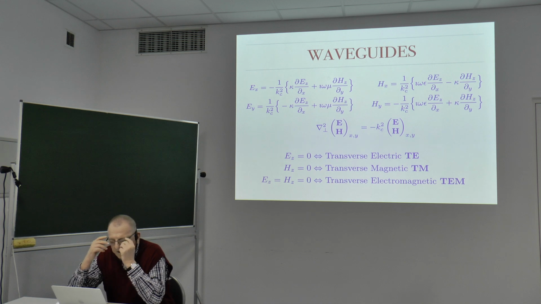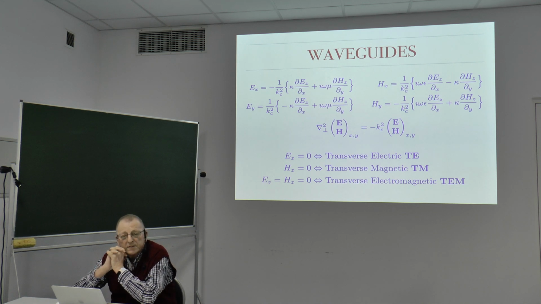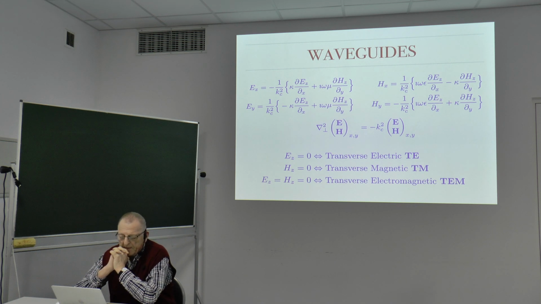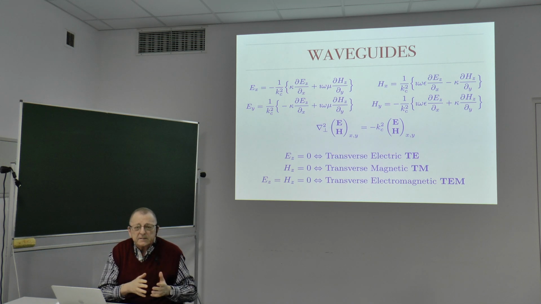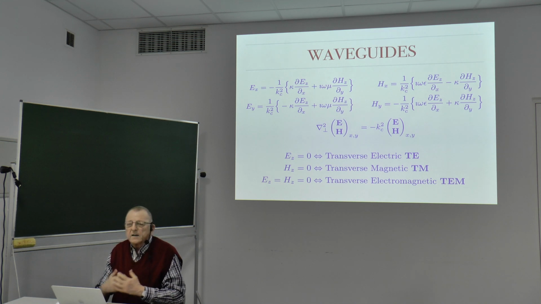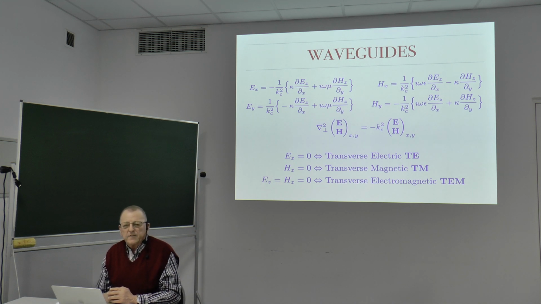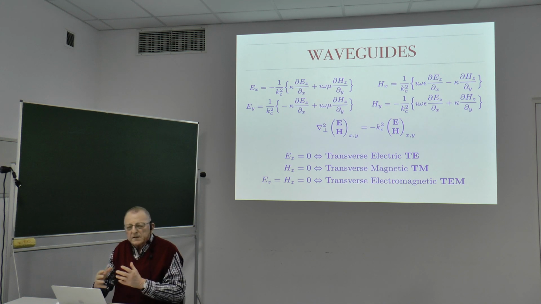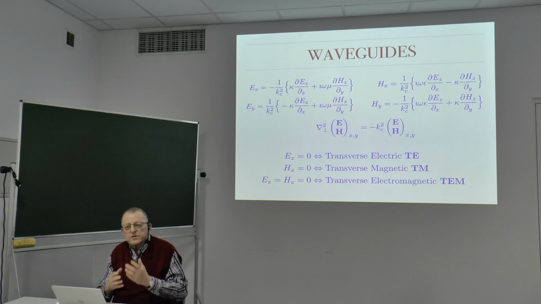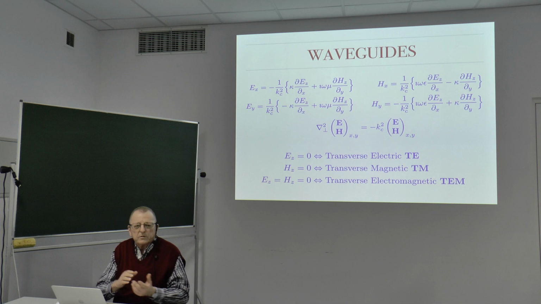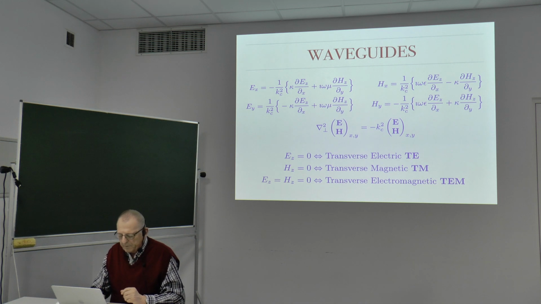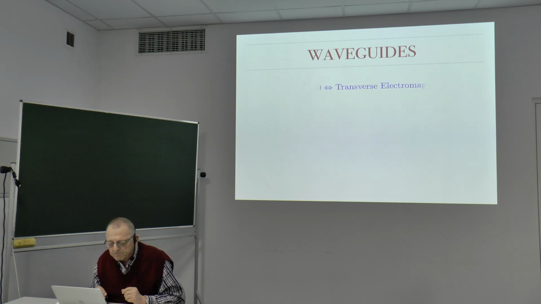When the z component of the magnetic field is equal to 0, and these are the transverse magnetic modes, and when both electric and the magnetic field along the z component is equal to 0, and these are called transverse electromagnetic waves. And in several examples, which I will work out now, we will be looking at the special solutions, either this mode or the other mode, because that allows us to pick up salient features of the properties of the waveguides. All right.